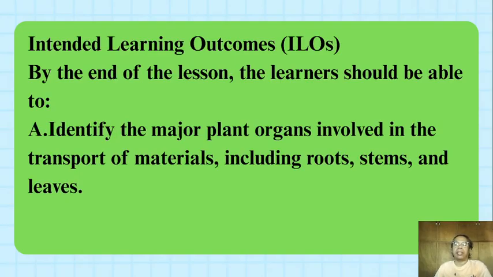This is our second intended learning outcomes. By the end of the lesson, the learner should be able to: A. Identify the major plant organs involved in the transport of materials, including roots, stems, and leaves.